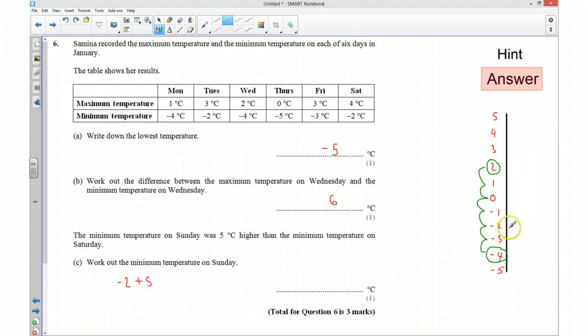So -2 is over here, -2, and we want to go 5 higher than that, so that's going to be 1, 2, 3, 4, 5, and that takes us to 3, so that's going to be 3 degrees centigrade. Okay, and there you go.